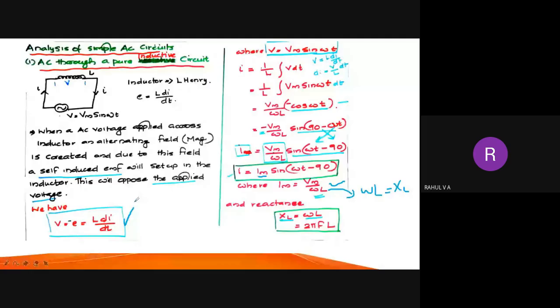So you get I in this form, that is Vm divided by omega L sin omega t minus 90. That's the final form. First you have to convert this sine into sin 90 minus theta, and in order to neglect that negative sign, you use omega t minus 90.